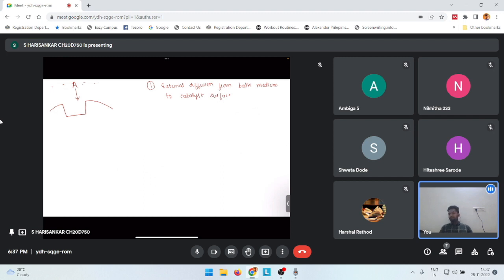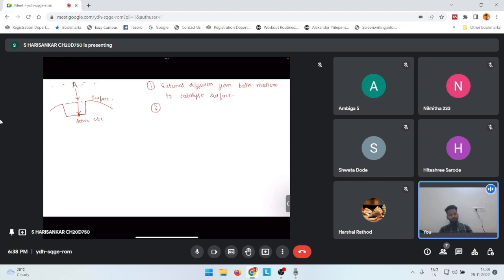Now, the second step. Once this reactant molecule reaches the catalyst surface, it has to get into your active site. This is an active site, and this is the surface. Once it reaches the surface, it has to get to an active site, and that is the second step.